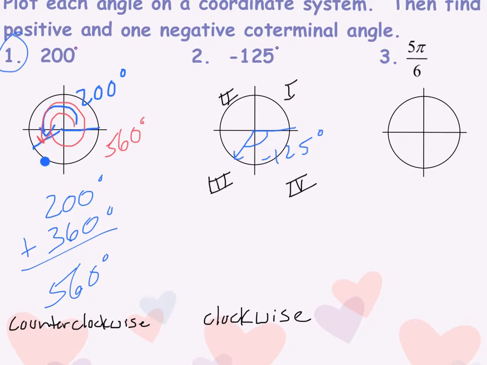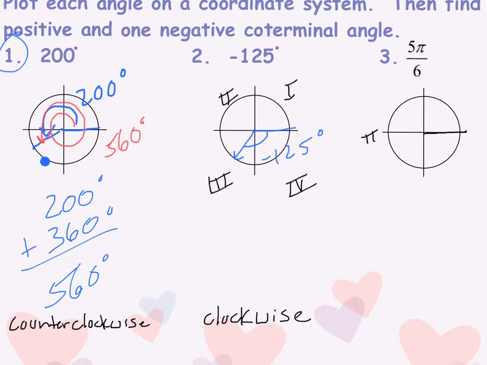For radians, same deal. I can see this is a positive angle, so I'm going to open up counterclockwise from the initial side right here. Now I just have to use different reference points: 90, 180, 270, that type of thing. Obviously I'm talking in degrees. Those are the best to go off of. Remember over here at 180, that's pi.